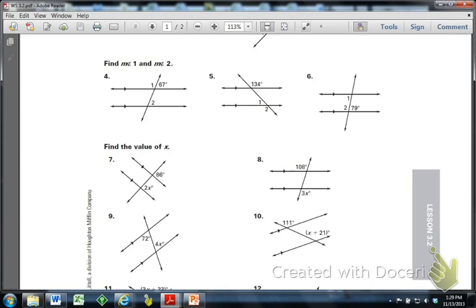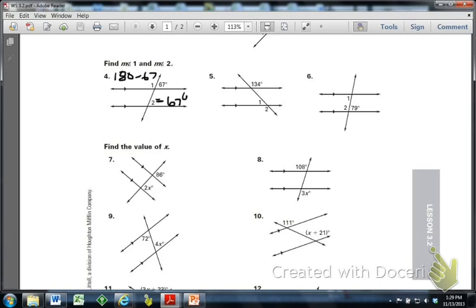All right, in the next section it says find the measure of angle 1 and the measure of angle 2. I'm going to do number 4 here. It looks to me like since angle 2 is corresponding, it must be equal to 67 degrees. And since angle 1 is supplementary, I guess angle 1 is going to be 180 minus 67.